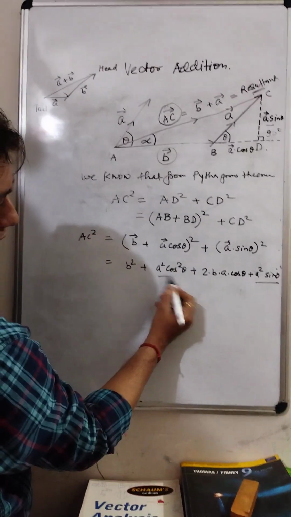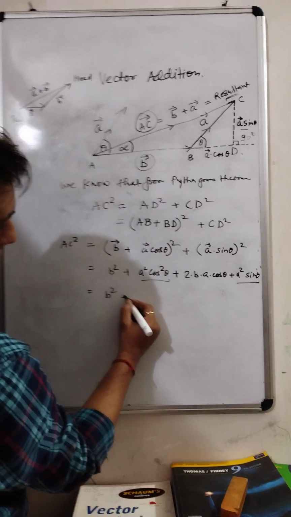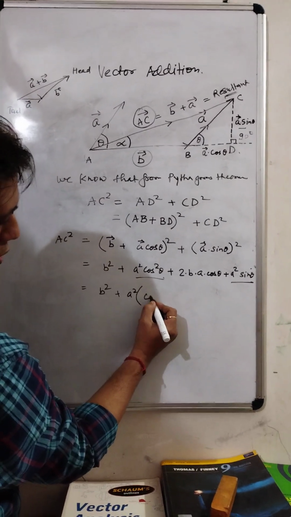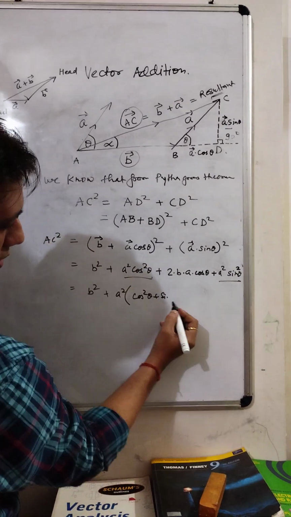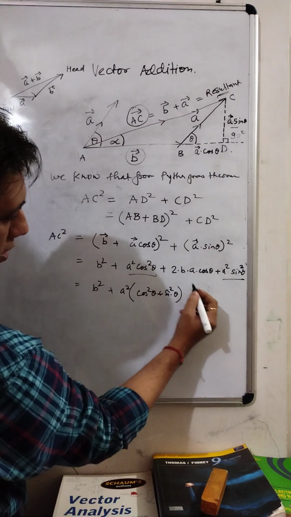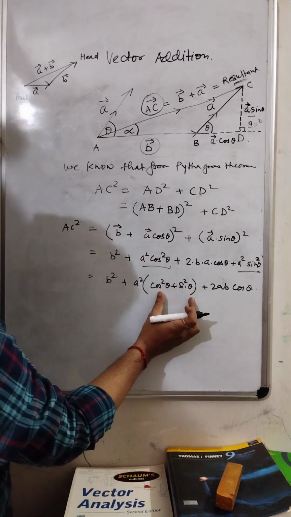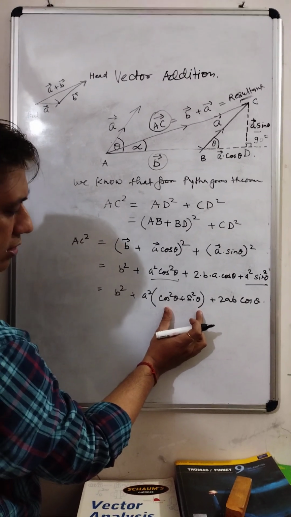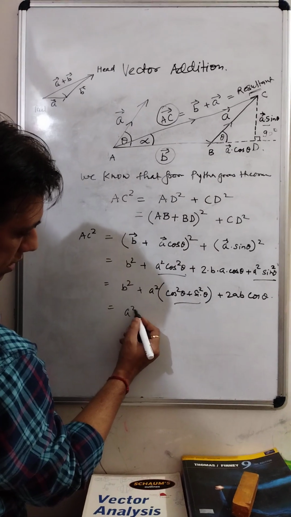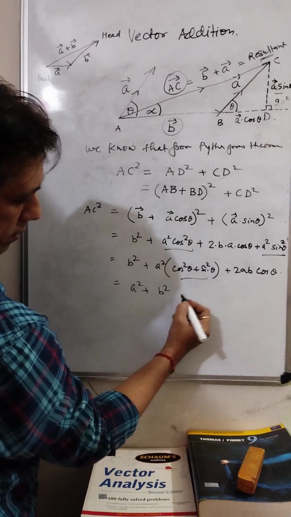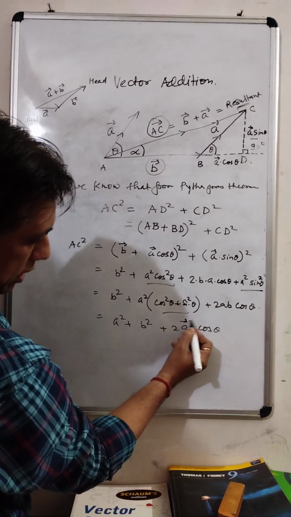Now concentrate on this B square. We add these two terms with A square common: A square (cos square theta plus sin square theta) plus 2AB cos theta. This is equal to 1 from the basic principle of trigonometry. So this is A square plus B square plus 2AB cos theta, again vector.